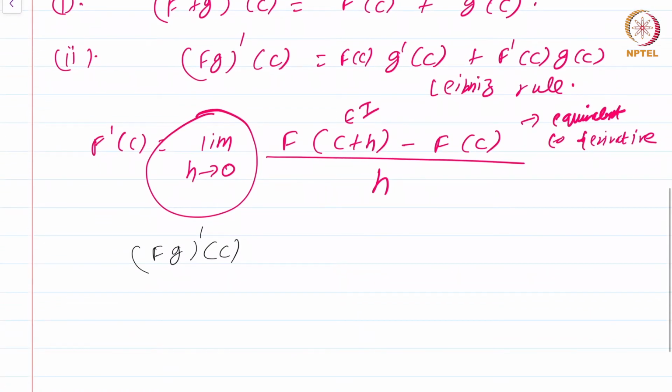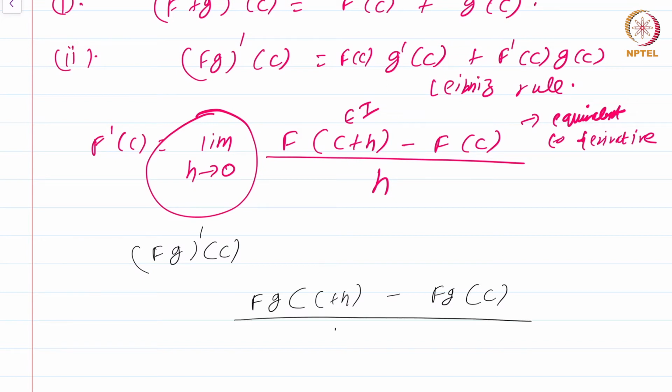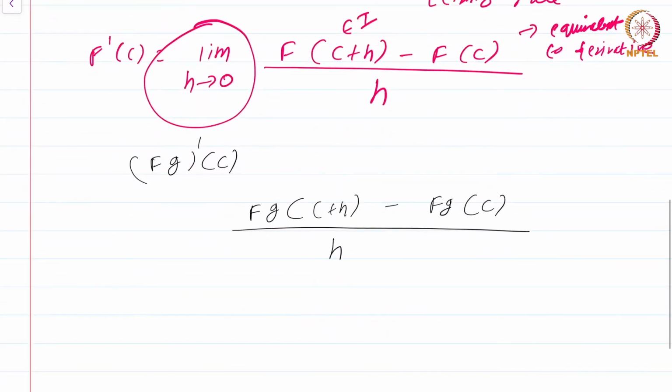It's got to be fg of c plus h minus fg of c divided by h. I want to analyze this quotient. Well, of course, we pull the standard trick that we are all familiar with. We write this as f of c plus h, g of c plus h.